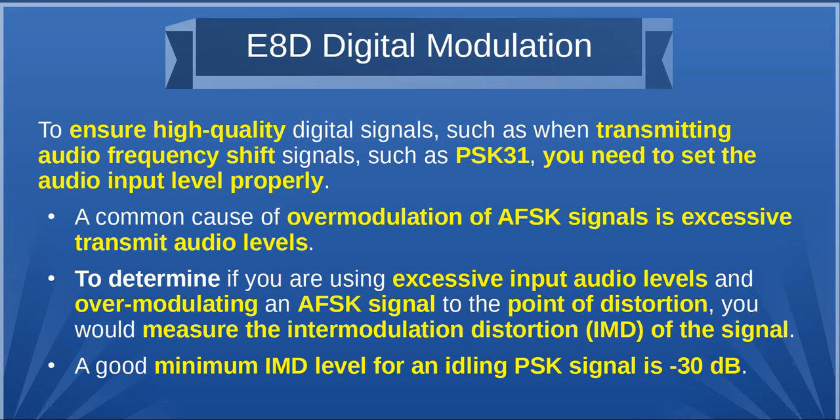That's a common cause of overmodulation, and it generates more harmonics and spurs and other bad things. So if you're trying to determine if you're using excessive input, you measure the intermodulation distortion of the signal. And they say that for an idling, non-modulating signal, it should be minus 30 dB.